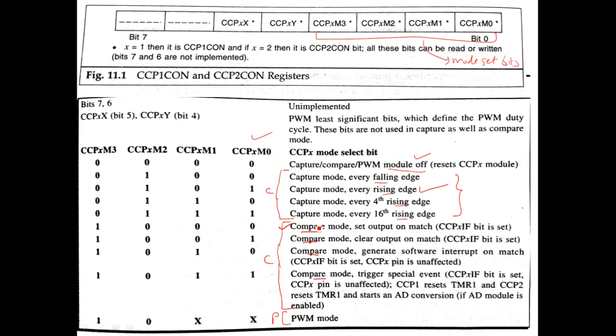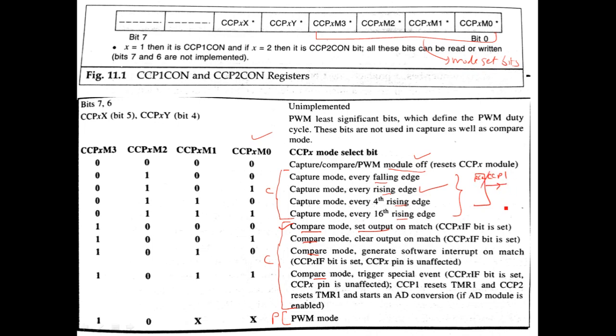Compare mode: set the output on match and set the interrupt flag bit. So the interrupt flag will be set when a match occurs. At the same time, the output will be set, that means the RC2 CCP1 bit will be set.